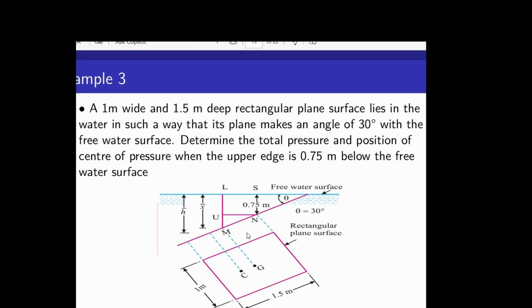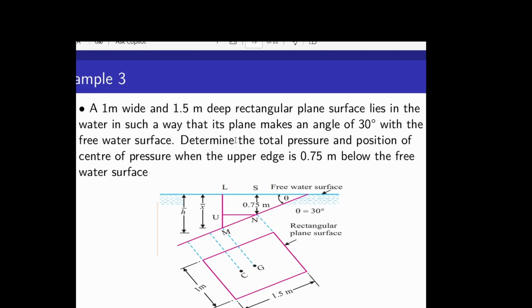So this is a rectangular object immersed in the liquid at an angle of 30 degrees. Determine the total pressure and the position of the center of pressure when the upper edge is 0.5 meters below the free water surface. So this edge up to the surface is 0.5 meters.